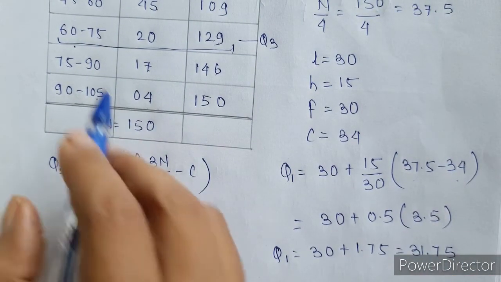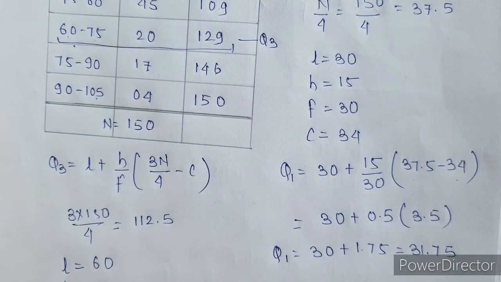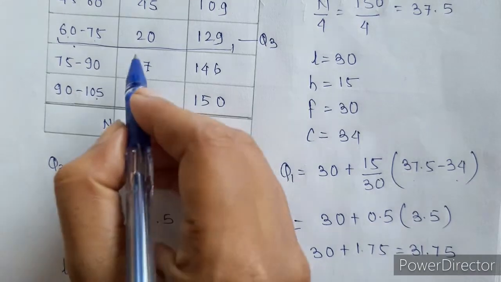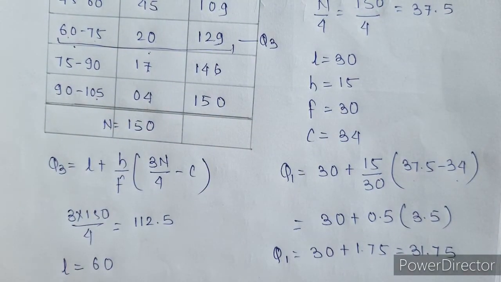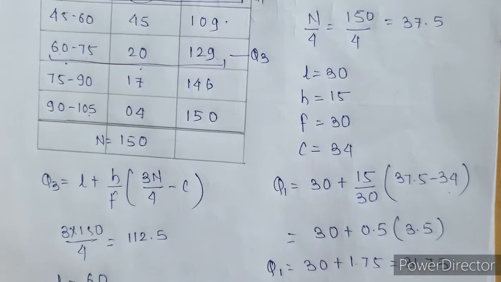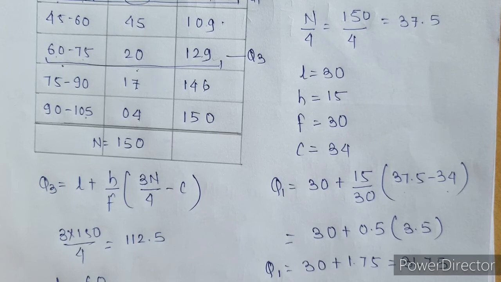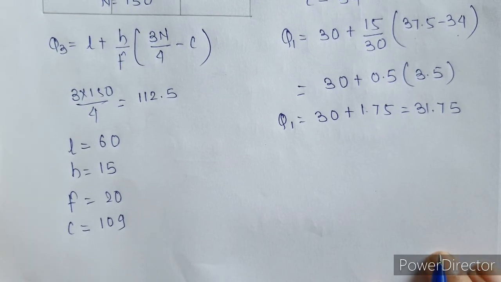H, height, from 60 to 75, is 15. Next, the frequency of the quartile class is 20, and the cumulative frequency of the class preceding the quartile class is 109.